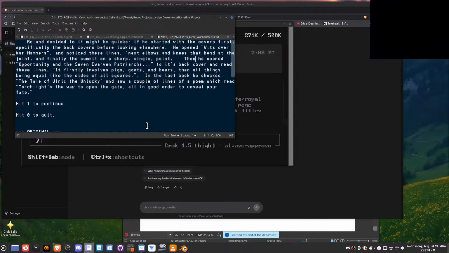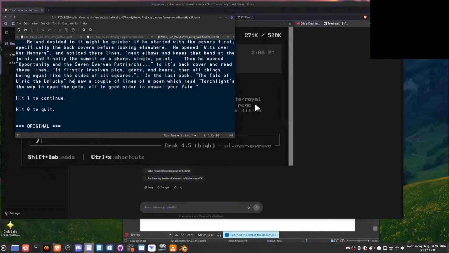In the last book he checked, the Tale of Ulrich the Unlucky, he saw these lines. Torch us the way to open the gate, all in good order to unseal your fate.